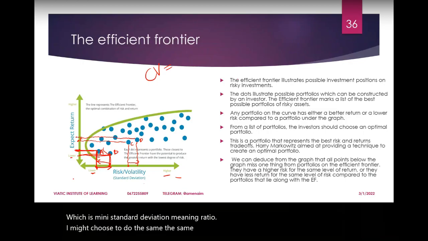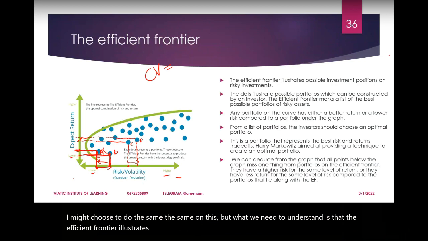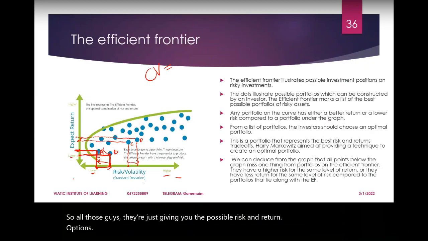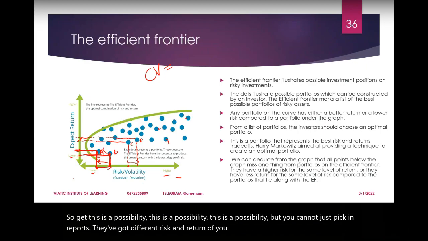But what we need to understand is that the efficient frontier illustrates possible investment positions on risky investments. So all these dots, guys, are just giving you the possible risk and return options. This is a possibility. This is a possibility. This is a possibility. But you cannot just pick one, because they've got different risk and return trade-offs. You need to identify the one that is best.